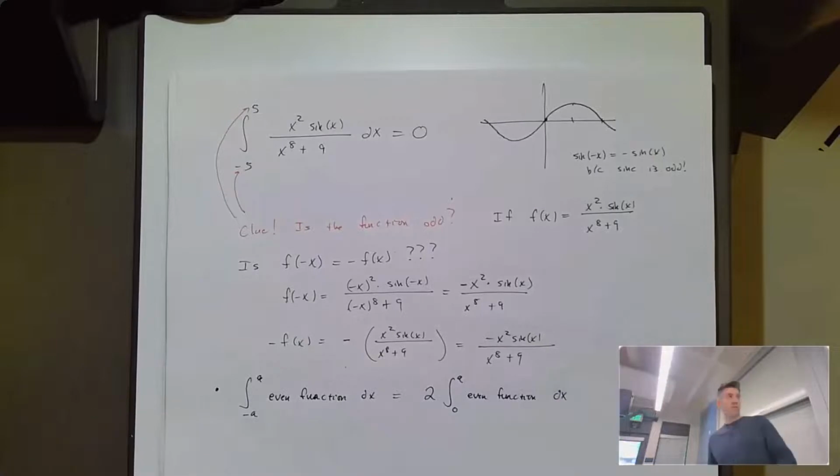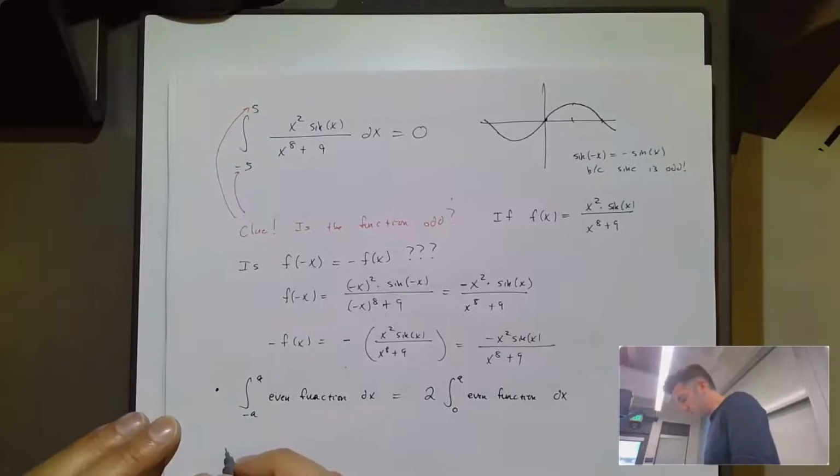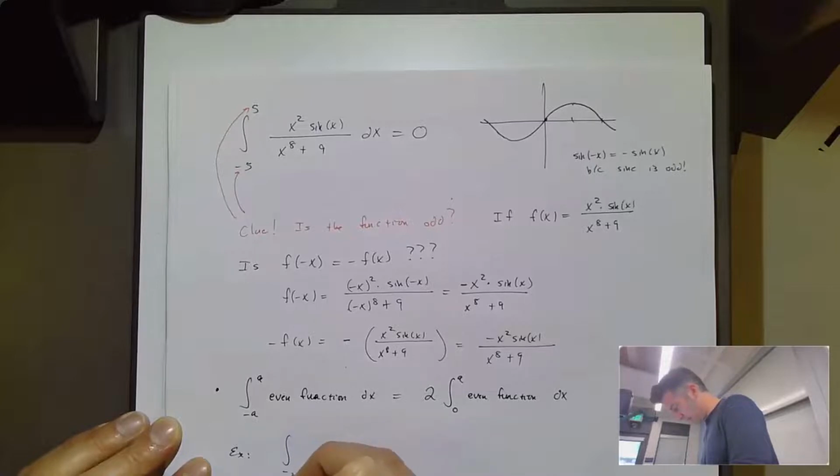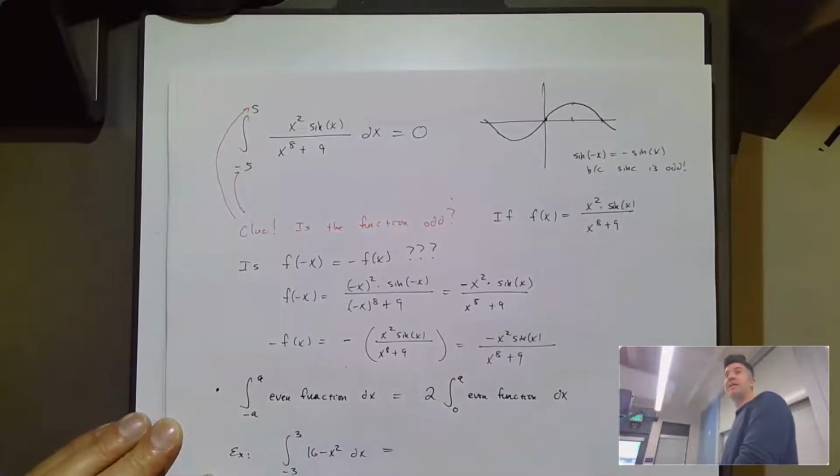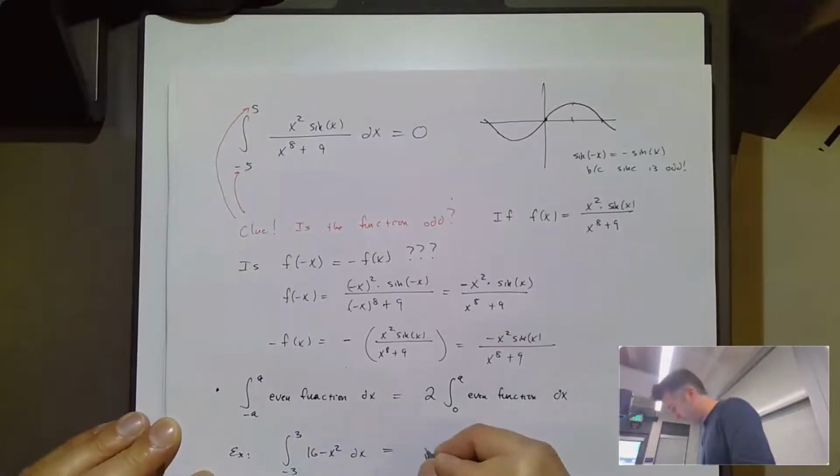And that's just because we're essentially cutting the area in half and then doubling it. So for example, the integral from -3 to 3 of 16 minus x squared is going to probably be easier to deal with if we cut it in half. So we go from 0 to 3, and then we double it.